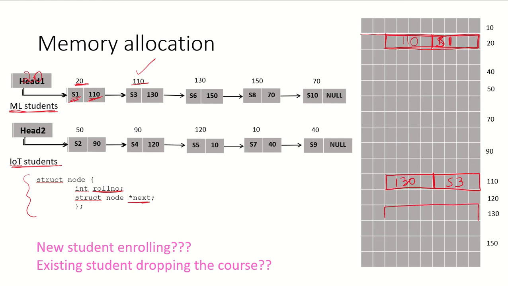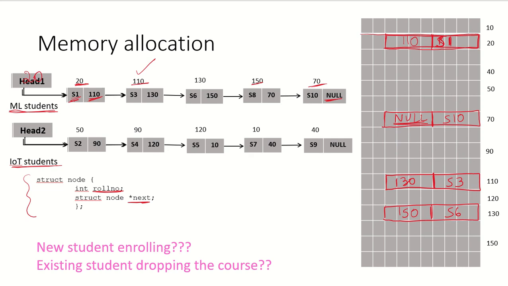At 130, we have the roll number of S6 and a pointer to the next node, which is at 150, and so on. Similarly, the last node, 70, would have storage for the roll number of S10 and a value of null, because this is the last node.